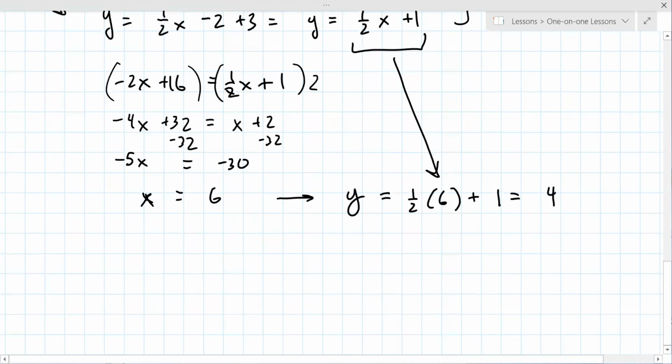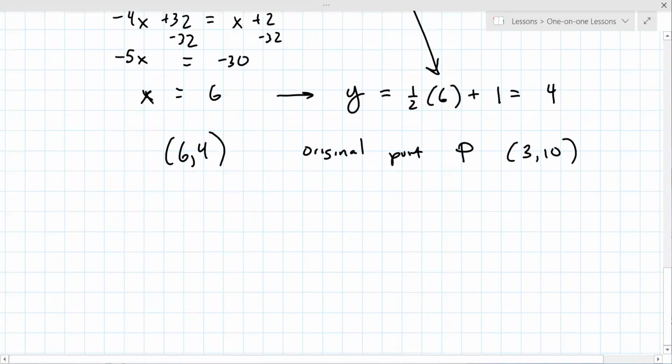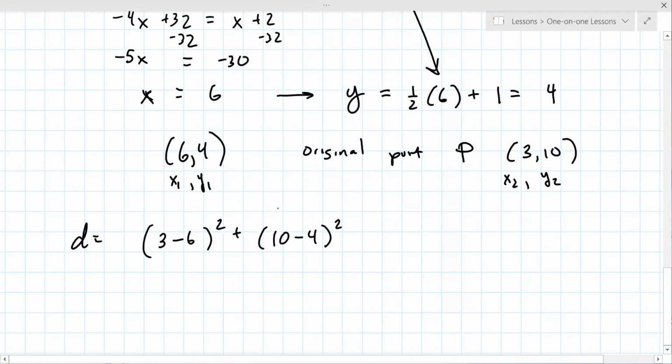So we're not done. It seems like a lot of work, but we're not done. We have the point 6 comma 4, and we have the original point P, which is 3 comma 10, and now we find the distance between them. So this is x1 comma y1, x2 comma y2. The distance is the square root of 3 minus 6 squared plus 10 minus 4 squared.